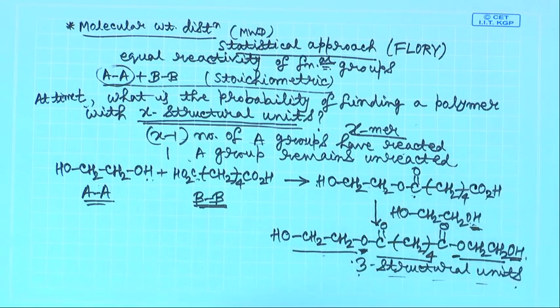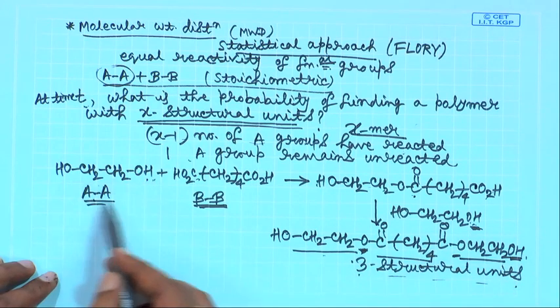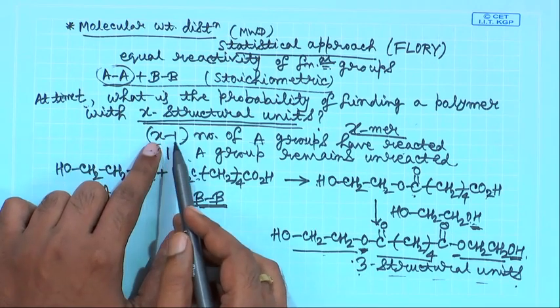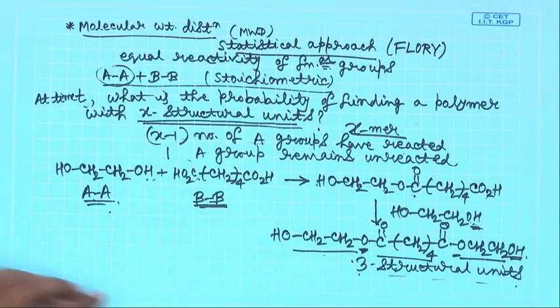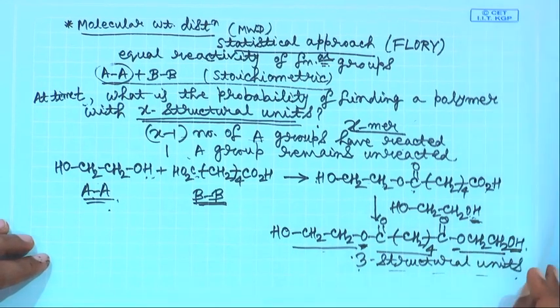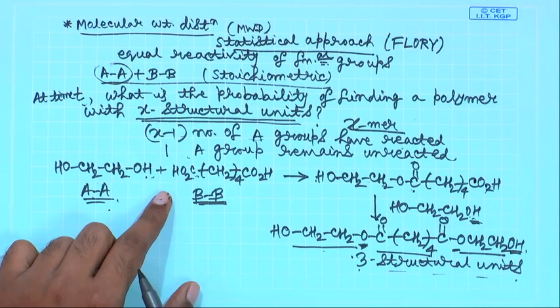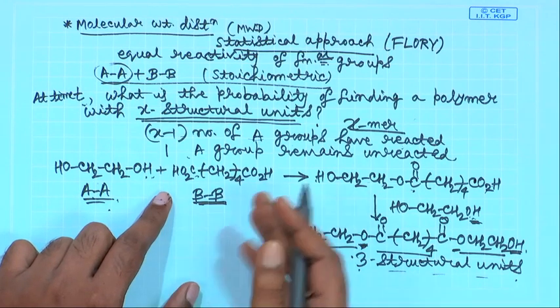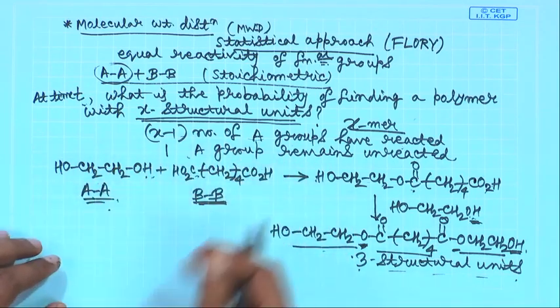On this side, for example, here. So, in this scenario, to create the 3 structural units, looking at AA, you have 2 A groups that have reacted and 1 A group that remains unreacted. This is just a comparison. If you looked at this as AA or this as AA, similar situations would arise.